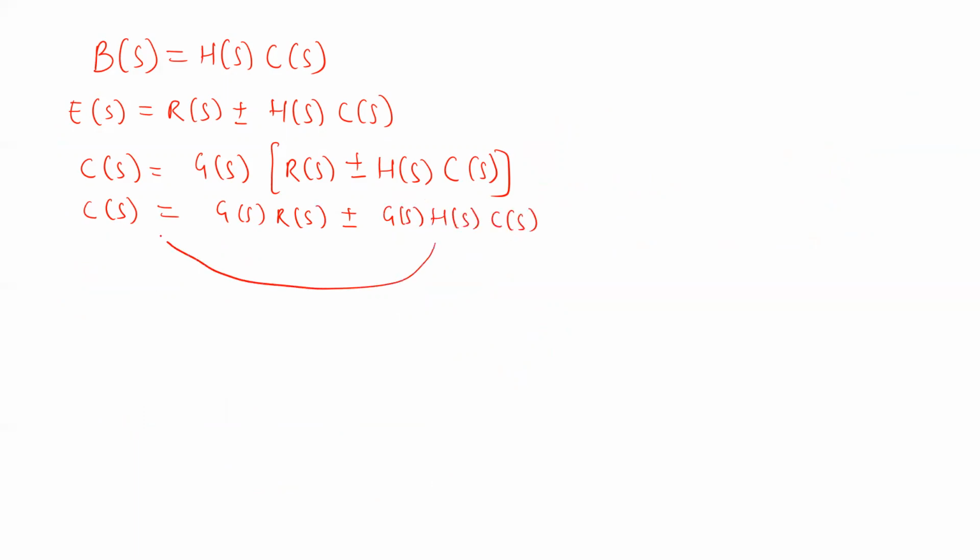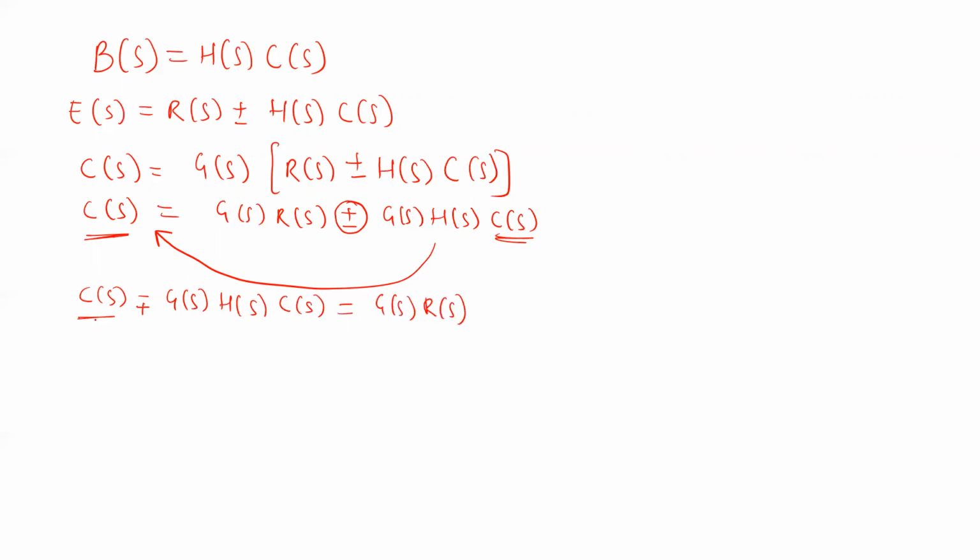So you'll take this on this side, because it contains CS here and CS here. Now, because it is plus minus, it will change to minus plus. So you have GS, HS, CS, and here you have GS and RS.